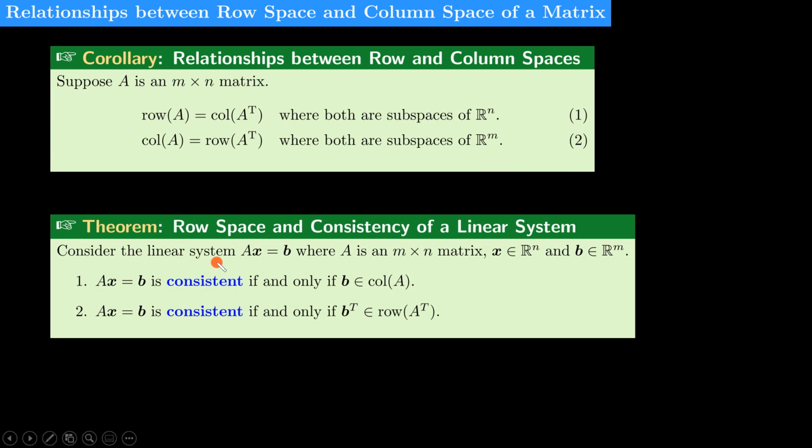Now let's consider the linear system Ax equal to B, where A is an m by n matrix, x is a vector that belongs to the Rn space, and B is a vector that belongs to the Rm space.